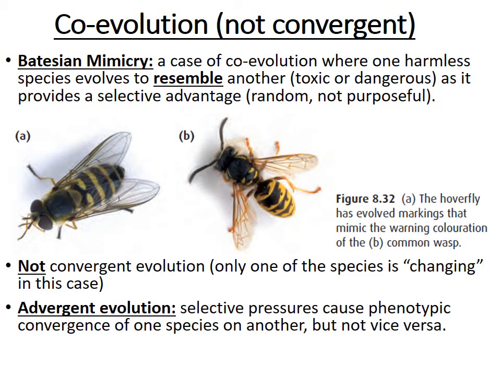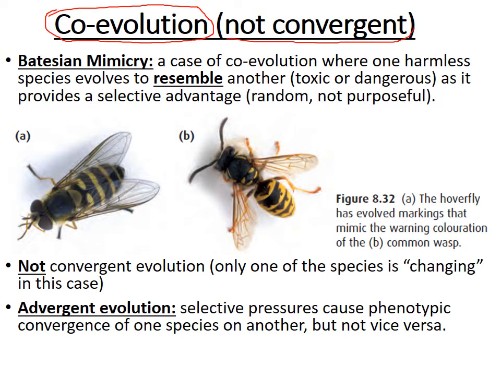A very interesting case of coevolution is something called Batesian mimicry. I just want to emphasize before we move on to this example that coevolution is not convergent evolution. Coevolution is when two organisms are evolving in response to each other.